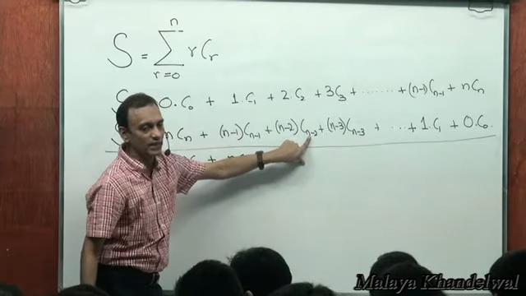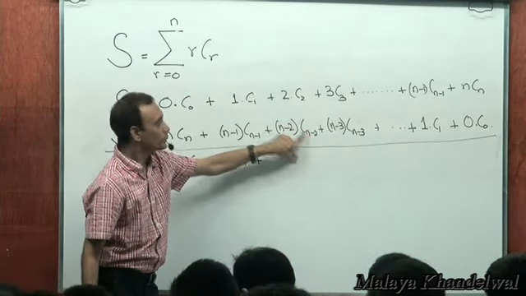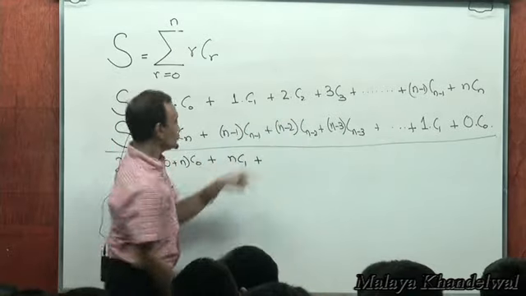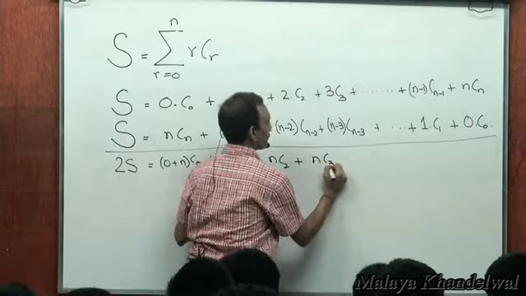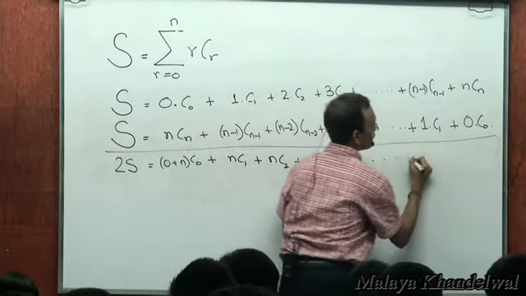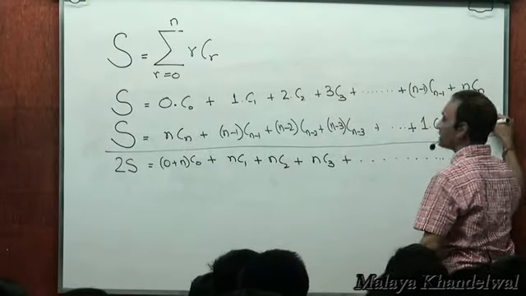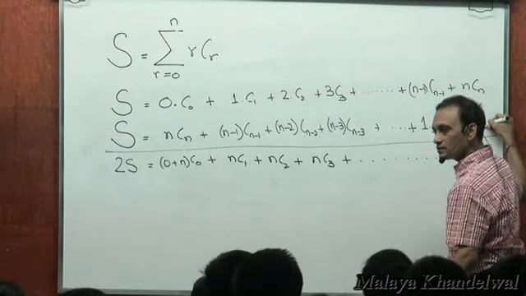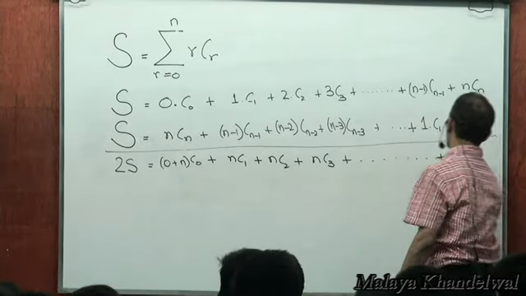C2 is the same as C n minus 2. So I could take C2 common from these two. So n C2. Going this way, I could take Cn common from this. C naught is the same as Cn. So n Cn. Yes or no?